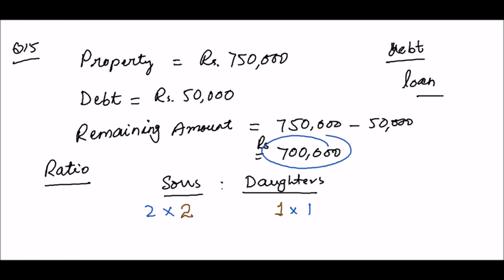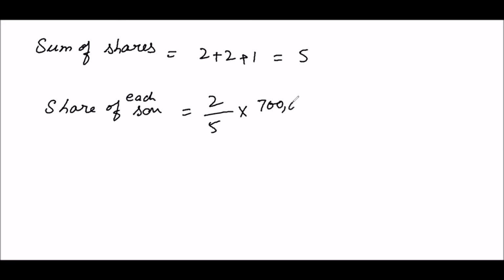700,000. Now we will calculate by dividing 700,000 by 5 first. Now I want to calculate it. It will be 140,000.